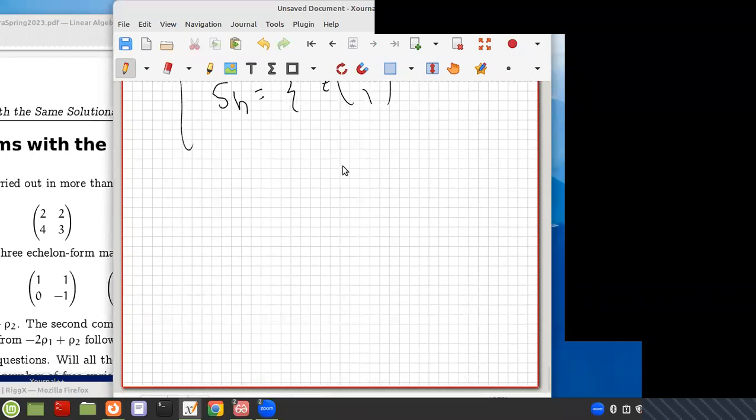Let's look at some matrices and see whether they're in reduced row echelon form. 1 0 1, 1 0 1 1, 1, 1 1 0. Now let's see.